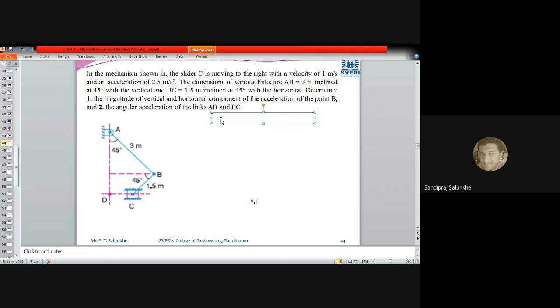Which vector will we have to draw first? BC, AC vector, I think. I don't know.